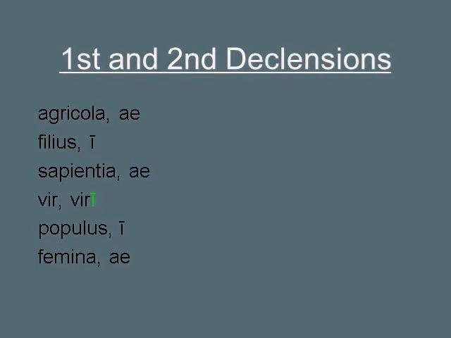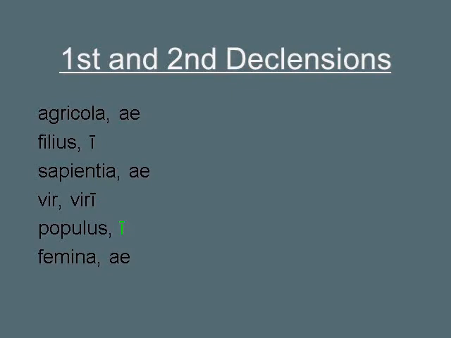The fourth one, vir, has a long I in its genitive, therefore making it a second declension word. In addition, it emphasizes the fact that genitives should be used to determine declensions and not nominatives, because it features an R in the nominative singular and not the traditional US, which we see in filius above.